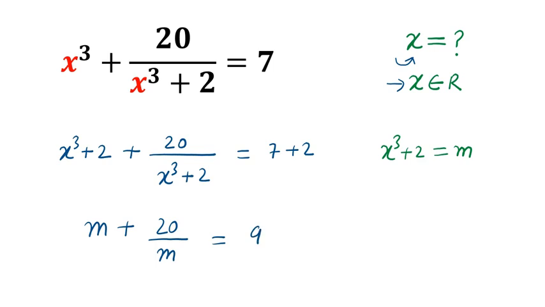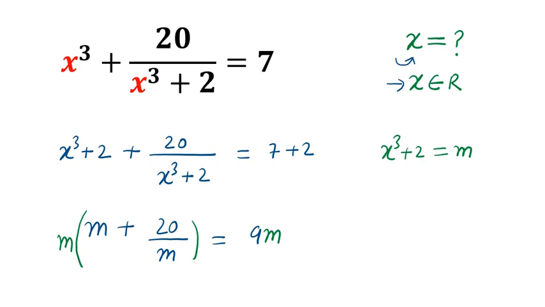Now multiply both sides by m, so the right hand side is also multiplied by m. Then this m is multiplied by this m. Then you will get m square plus m times 20 over m is equal to 9m.